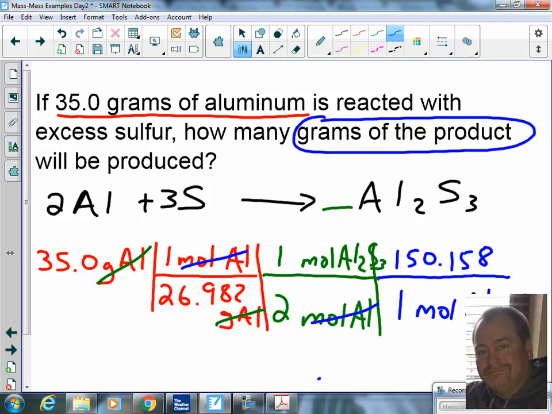That's going to be good enough for me. Grams of Al2S3. Do I get a cancellation? Here's a mole of Al2S3. There's a mole. So my final label is going to be what, Kyle? Grams Al2S3.